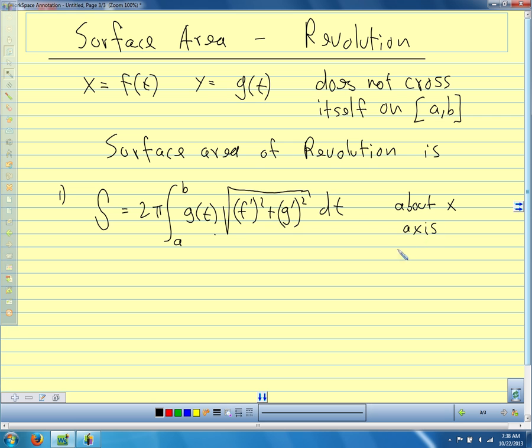And we want g of t greater than or equal to 0, so our radius is positive. I'm going to say g of t equals the radius.